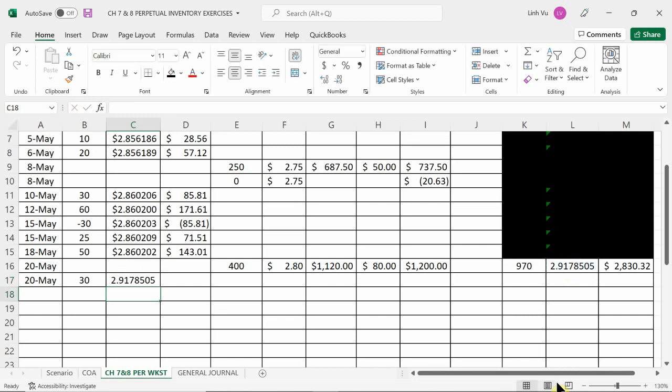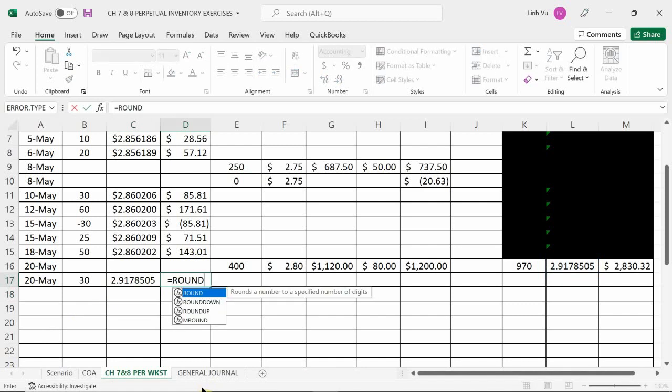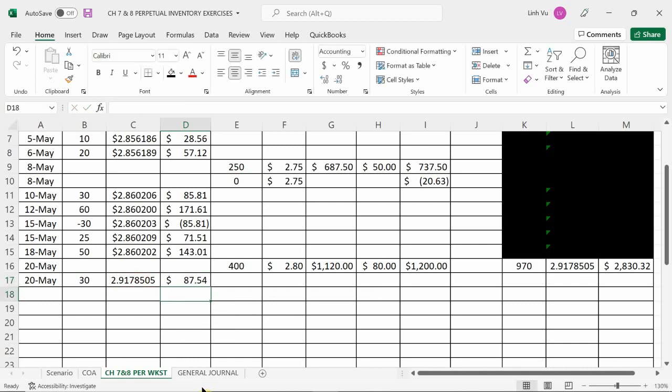$2.9178505. So my cost per item has already increased, and it's going to cost me a grand total of $87.54.